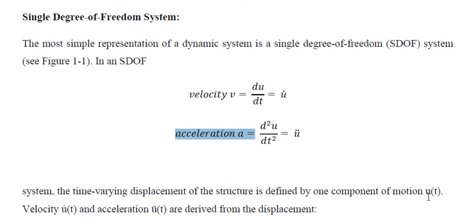However, displacement is a function of time, velocity is also a function of time, acceleration is also a function of time. It should be noted, as I told, applied load is also a function of time, and the responses such as displacement, velocity and acceleration are also functions of time.